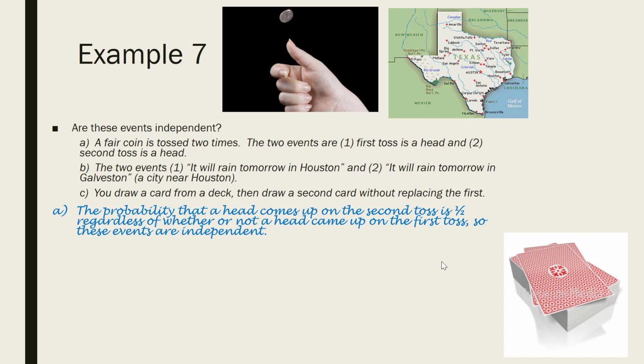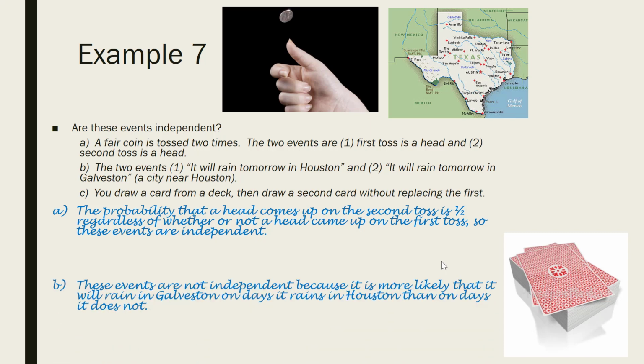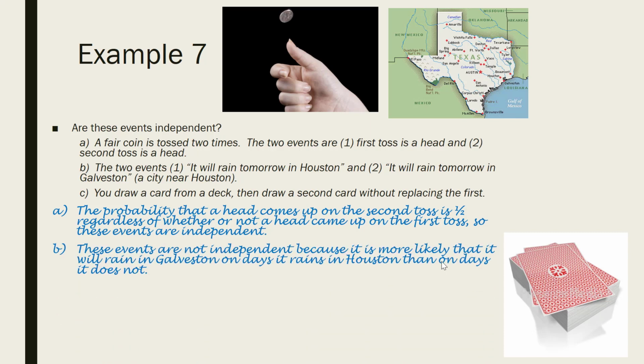Part B says the 2 events are 1, it will rain tomorrow in Houston, and 2, it will rain tomorrow in Galveston, which is a city near Houston. The answer to this one is that these events are not independent because it is more likely that it will rain in Galveston on days it rains in Houston than on days it does not.